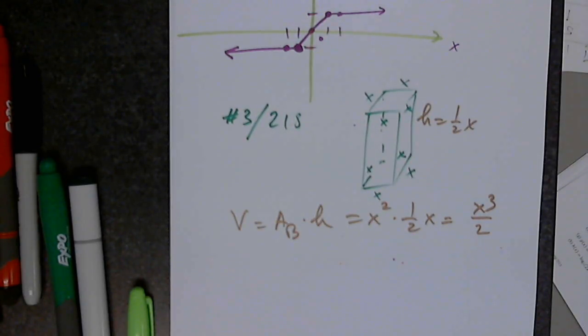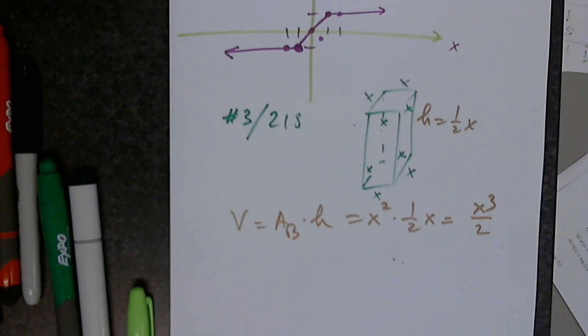Anything else from modeling? Can you go over that one more time, please? The area of the base, because it's a square, is x squared, and the height is 1/2. It's given in the problem that the height is 1/2 of the base. So the volume of this box is area of the base times the height.